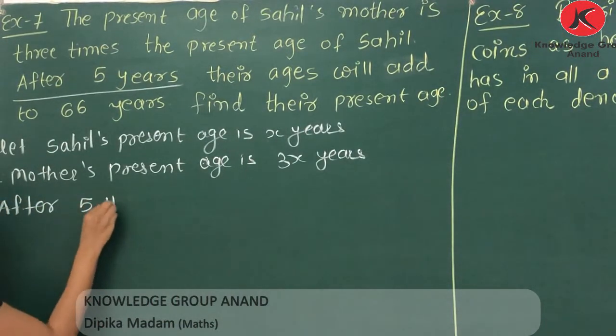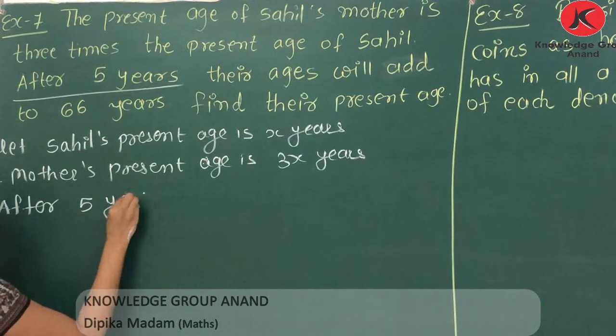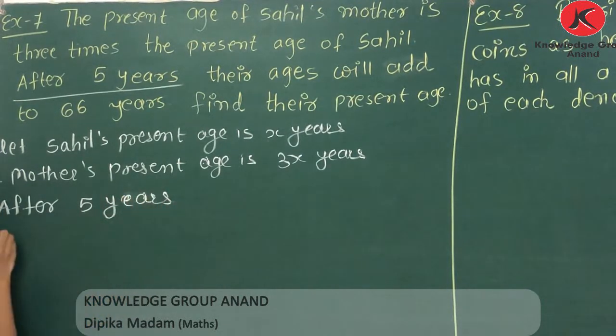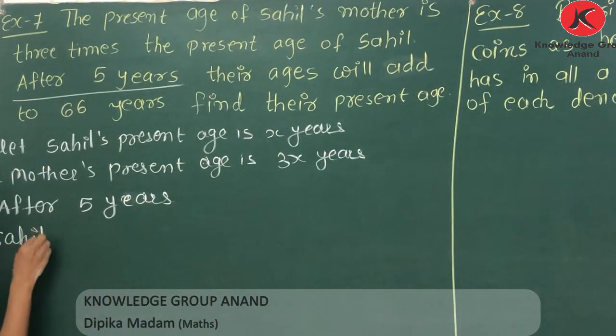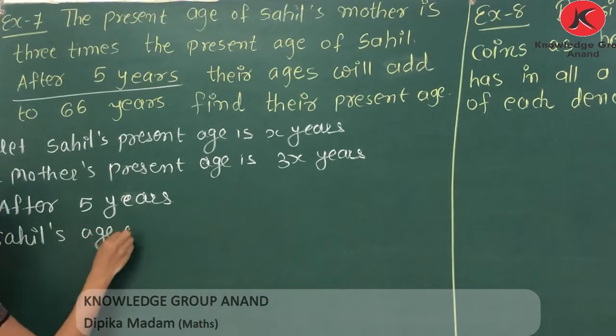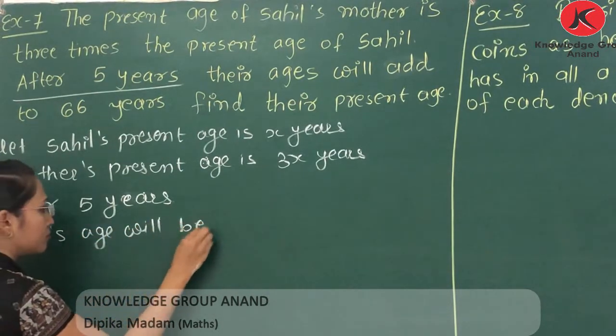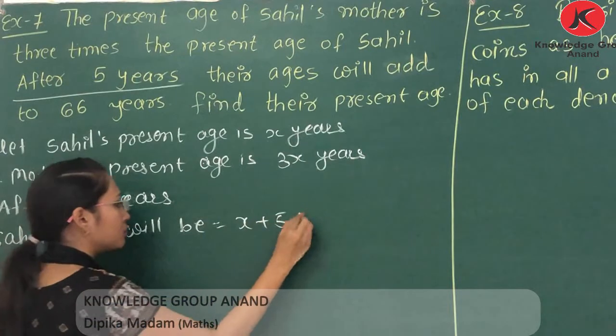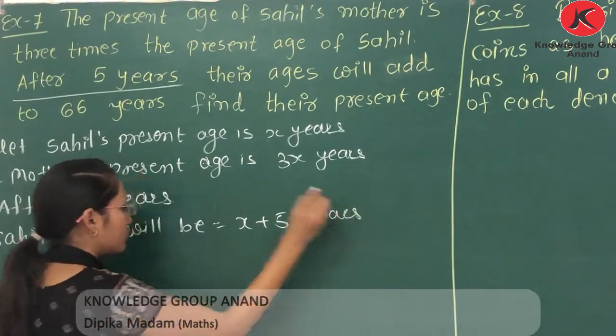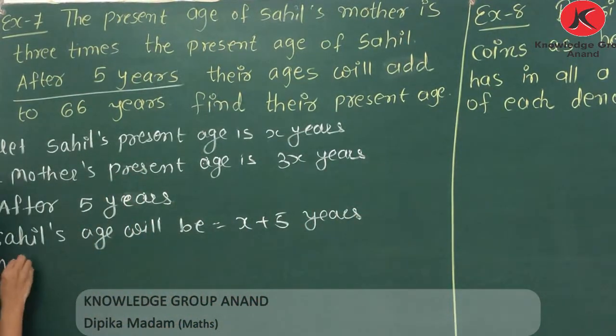So after 5 years, Sahil's age and mother's age.